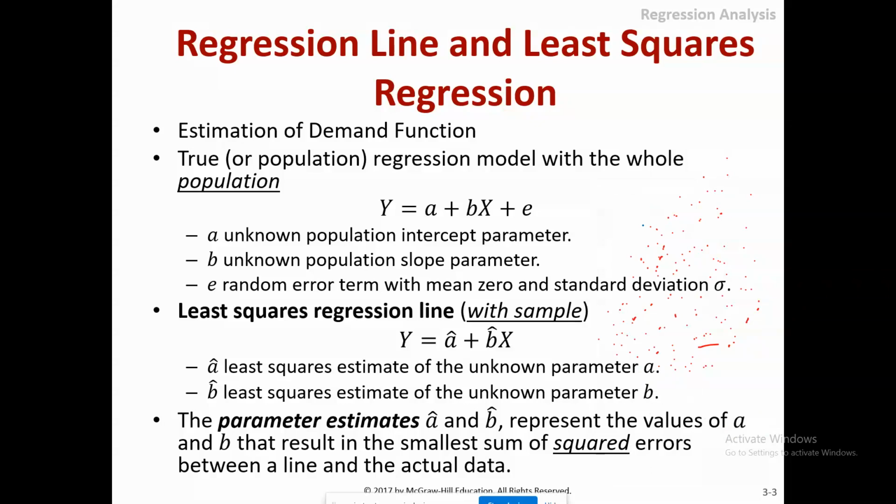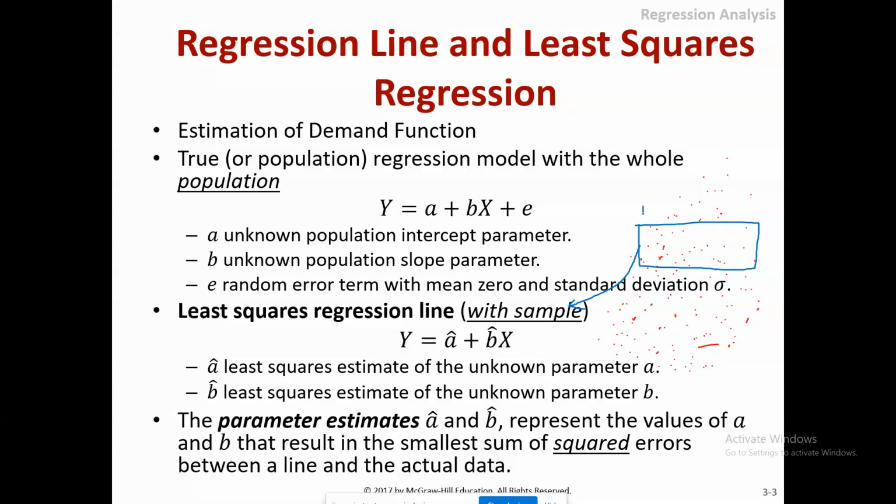What we could do is collect data from the big population. For example, we collect this sample of data within our capability, and this sample of data is used to estimate, using least squares, the unknown A and unknown B. So the population is not accessible, but the sample we collect is.